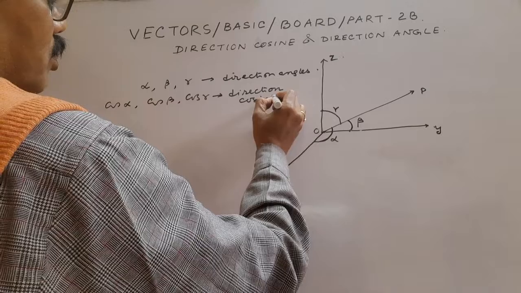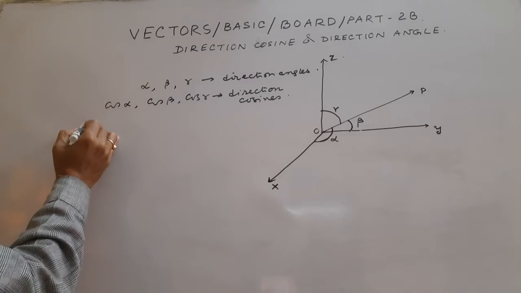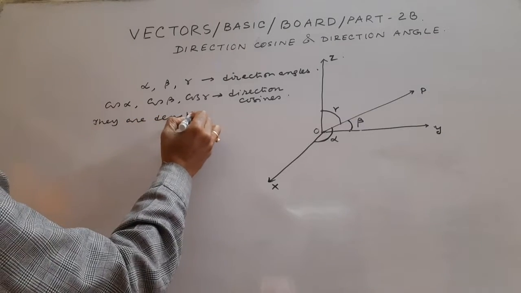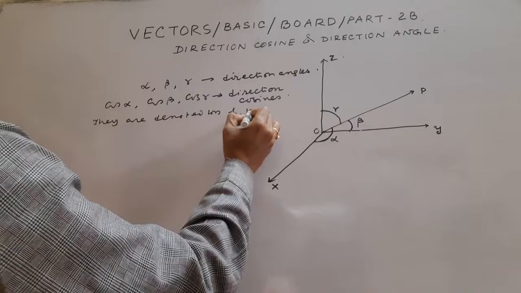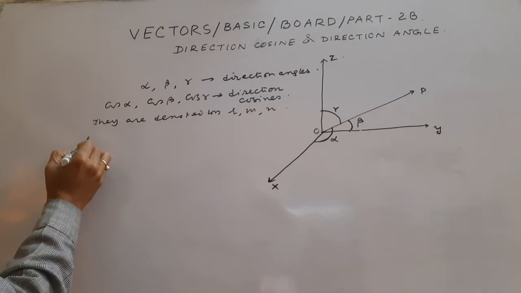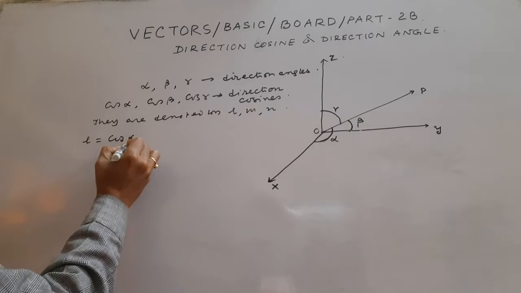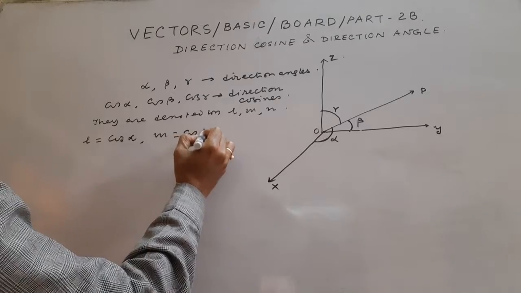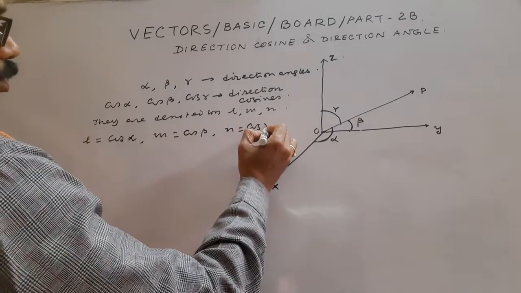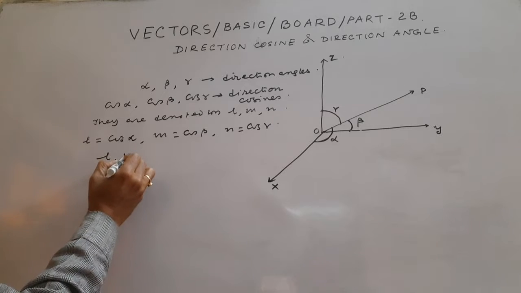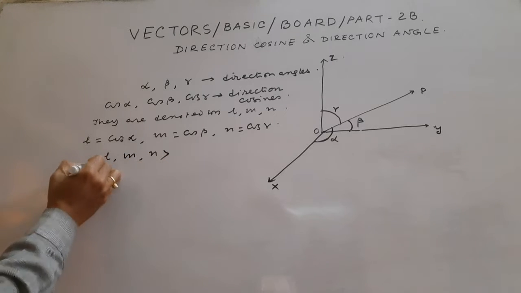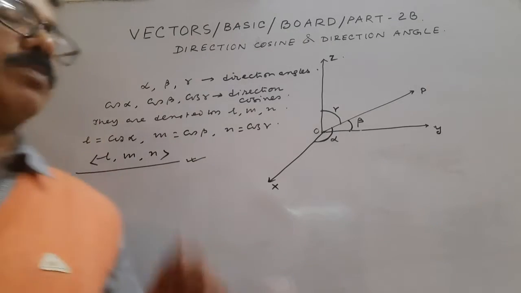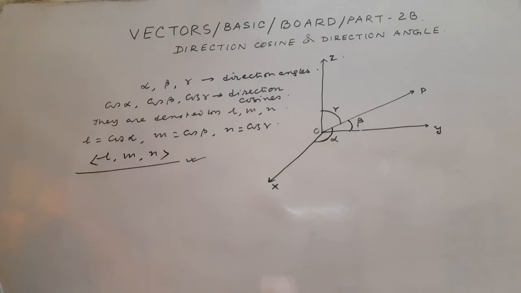They are denoted by L, M, N. Therefore, L equals cos alpha, M equals cos beta, and N equals cos gamma. We also use this symbol to denote direction cosines. So cos alpha, cos beta, cos gamma are called direction cosines.